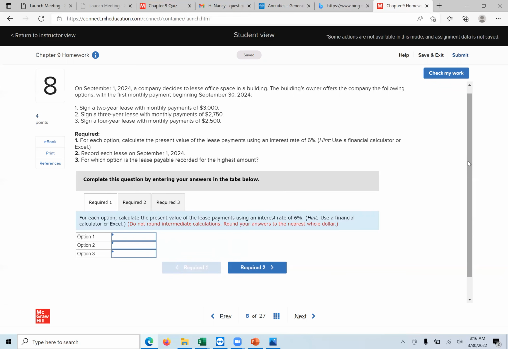It says, sign a 2-year lease with monthly payments of $3,000, or sign a 3-year lease with monthly payments of $2,750, or sign a 4-year lease with monthly payments of $2,500. For each option, calculate the present value of the lease payments using an interest rate of 6%. Then we'll record the leases and which option is for the highest amount. So in order to figure this out, we're going to go to Excel.